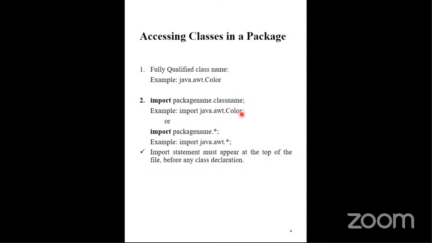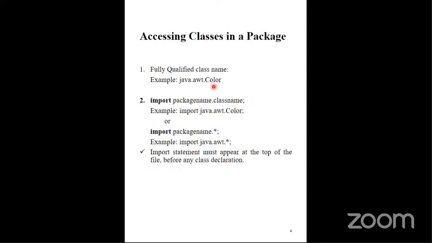So then it is java.awt.color. The general syntax is like this: import package name dot sub package name dot sub package, and so on, ultimately the class. If you want to access all the classes from within a particular package, then you can just put an asterisk. As you can see here, package name dot asterisk will allow you to access all the classes from within that particular package.